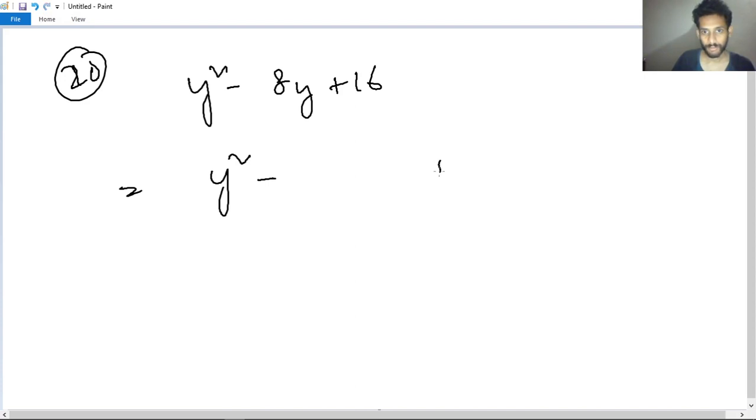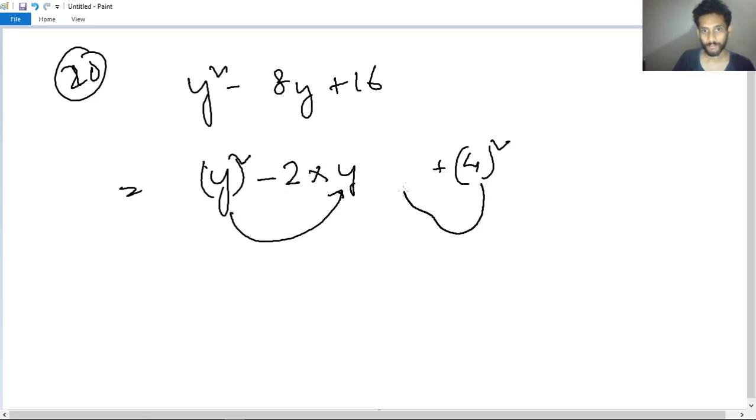Just write the last part, plus 4 square. So this is y square, and twice into y will be coming here, and this 4 will be coming here. So the result will be y, this minus is there, so y minus 4 whole square.